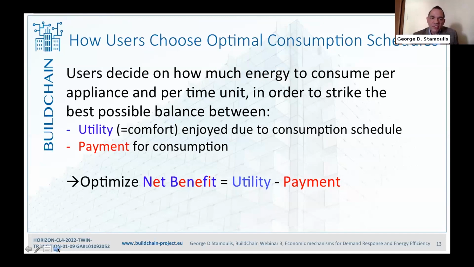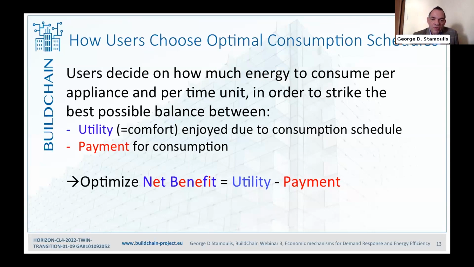So economists formulate this optimization problem by introducing the metric of net benefit, which is a combined metric, namely the difference between the utility expressed in monetary units and the payment due to the consumption. Of course, if I consume more, I will have better comfort, but I will pay more.